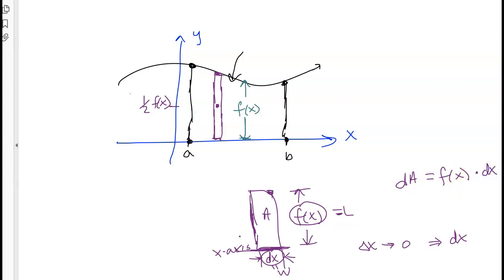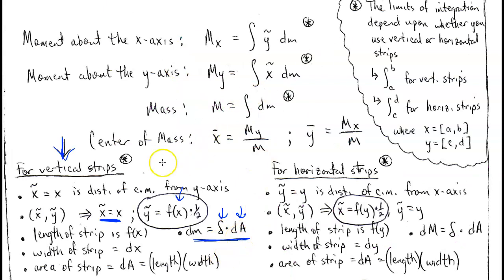So if we switch back here, you'll see that the length of the strip is f of x, the width of the strip is dx, and the area of the strip would be dA, which is just length times width, which is f of x times dx.